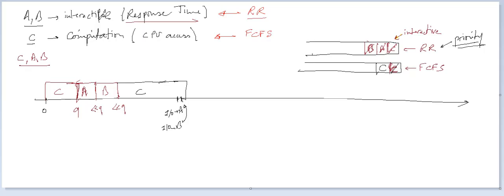Then it chooses A and B, which are back, and since they didn't use the full quantum before, the system thinks they are interactive and pushes them back on the first queue. Now A is chosen, A runs for a little time, so it's still interactive.